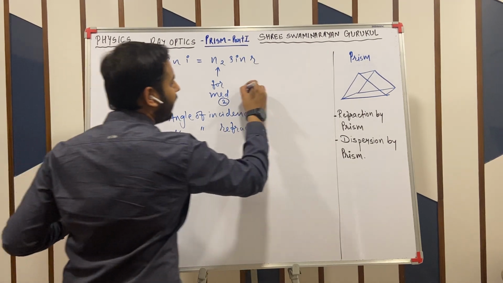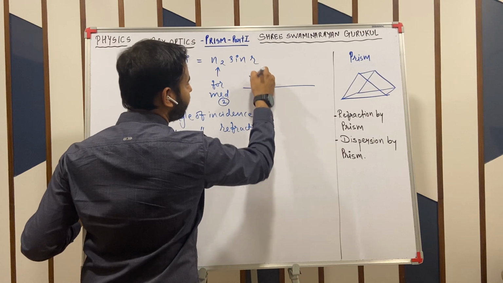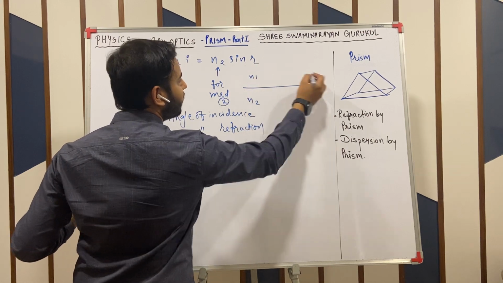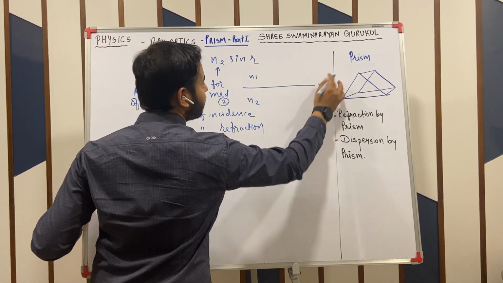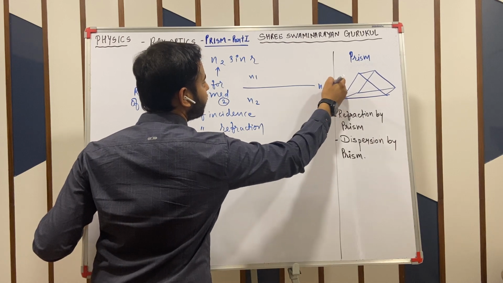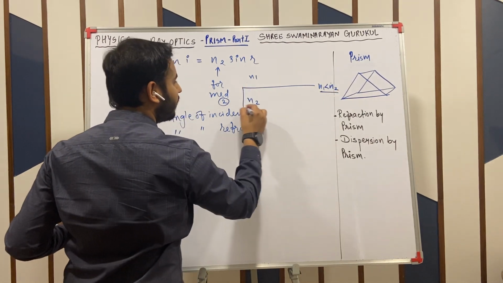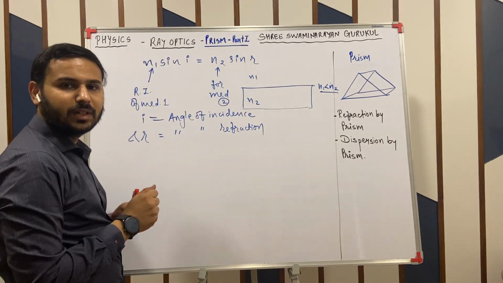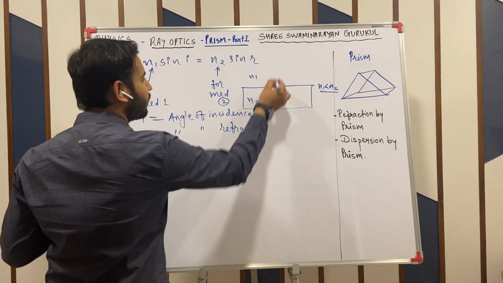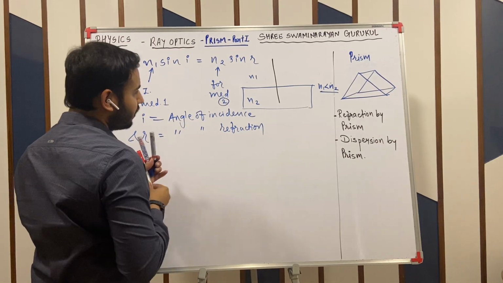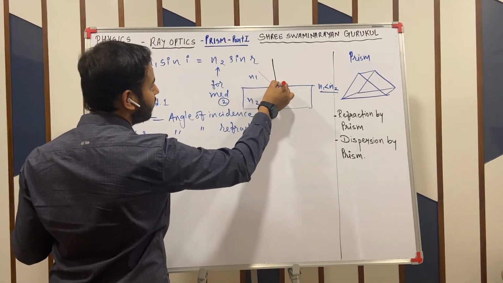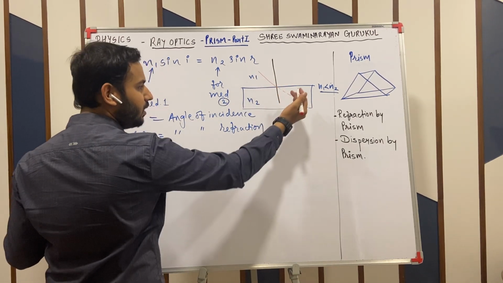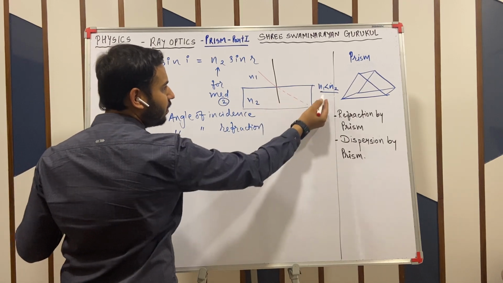Okay, when light is entering from one medium to another medium, say n1 is less than n2. Okay, this is the interface which differentiates medium 1 and 2. When light enters from one medium to another, obviously the path is supposed to change either towards the normal or away from the normal.